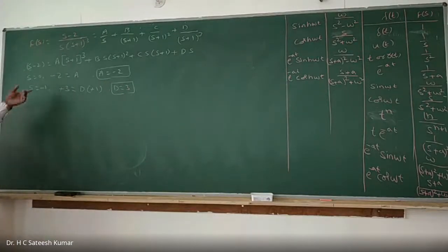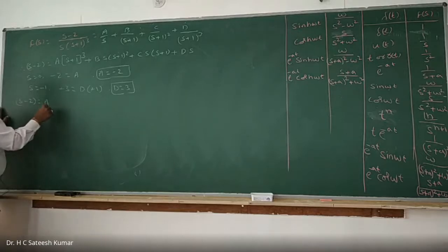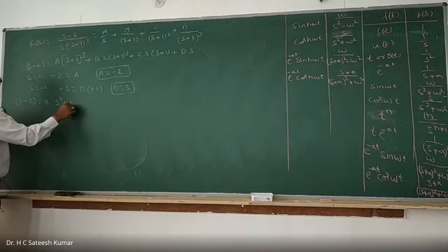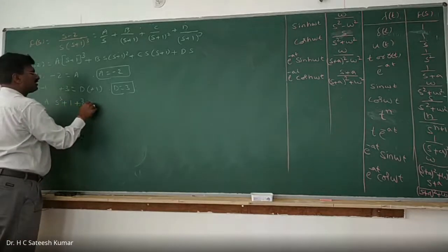Now, what about the others? We have to expand this. S minus 2, compared by coefficients: A into S plus 1 whole cube is A into S cube plus 3S square plus 3S plus 1.